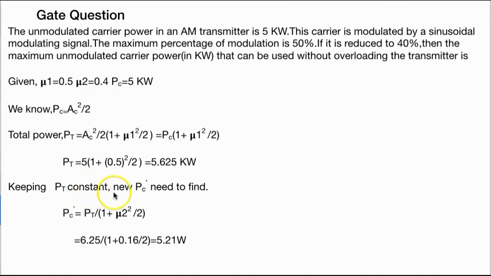Keeping PT constant, the new PC at a modulation of 40%, 0.4, will be 5.21 kilowatt. Okay, so instead of 5 kilowatt, we'll be requiring 5.21 kilowatt if we wish to send a signal at a modulation of 0.4. Okay, now moving forward.